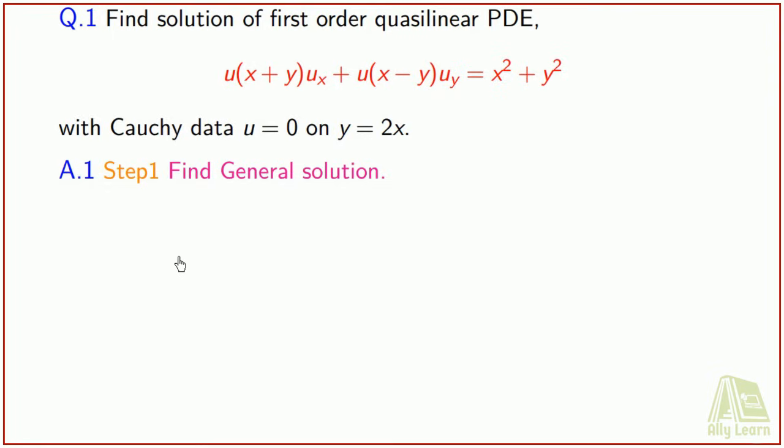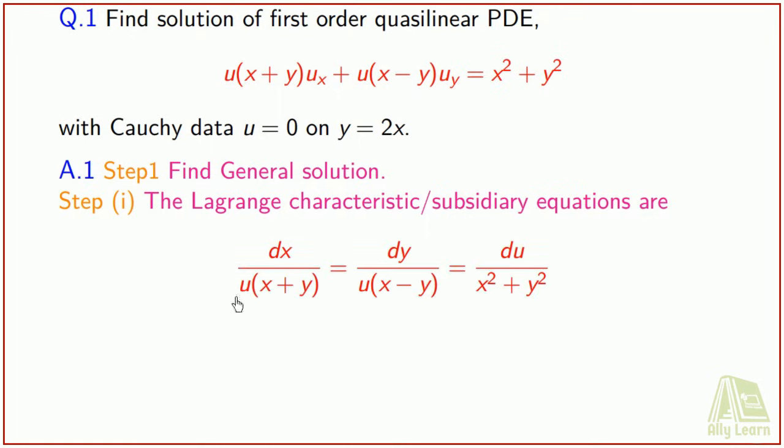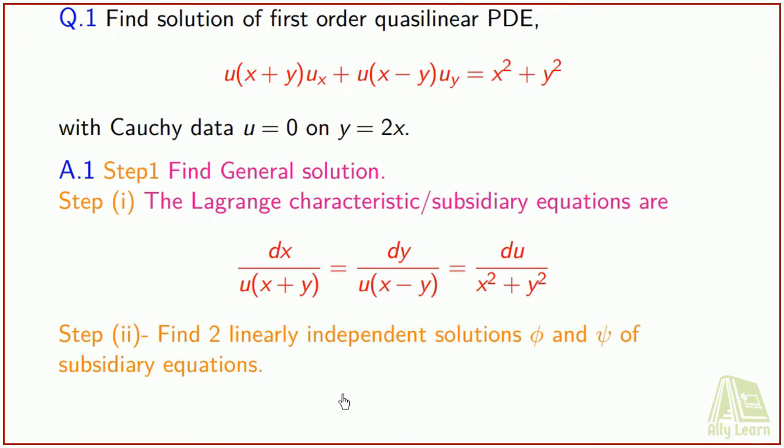So first of all, what we do, we form the Lagrange subsidiary equations, and these are these. Okay, so this is dx upon the coefficient of ux, dy upon the coefficient of uy, du upon the term on the right hand side. Okay, now the next step is to find two linearly independent solutions phi and psi of the Lagrange subsidiary equations.